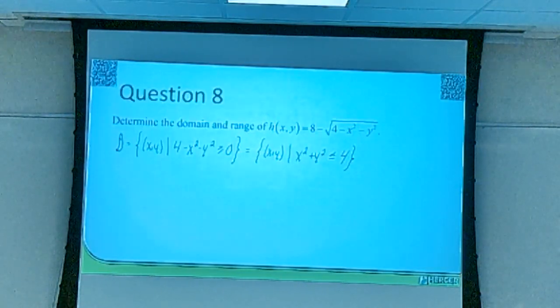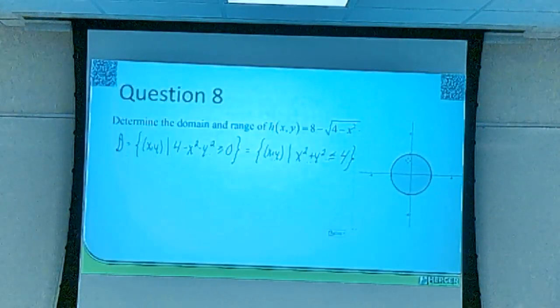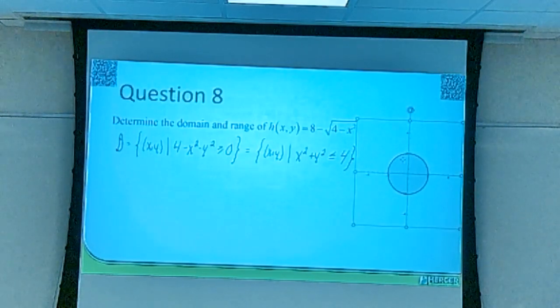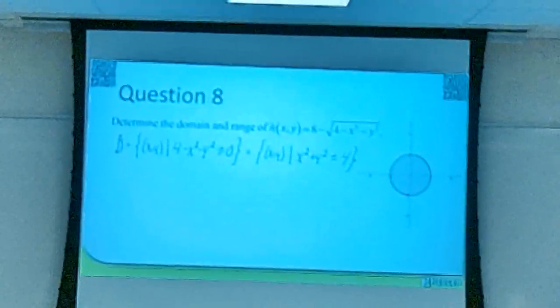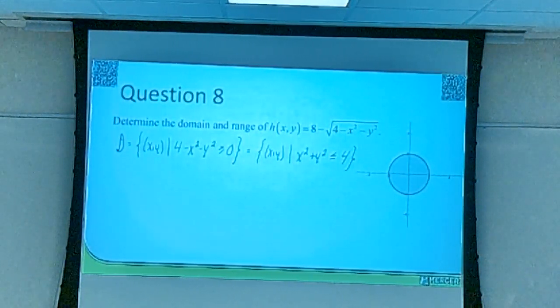This is a basic shape. X squared plus y squared equals 4 is a circle of radius 2.